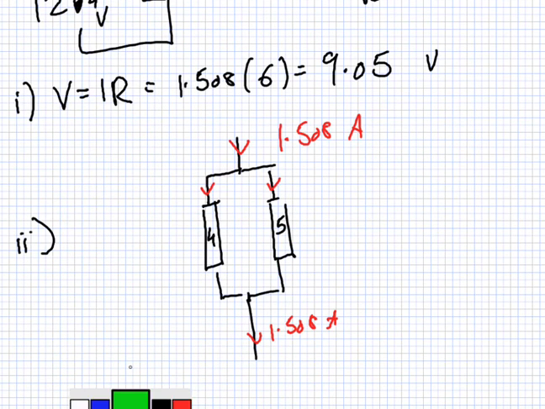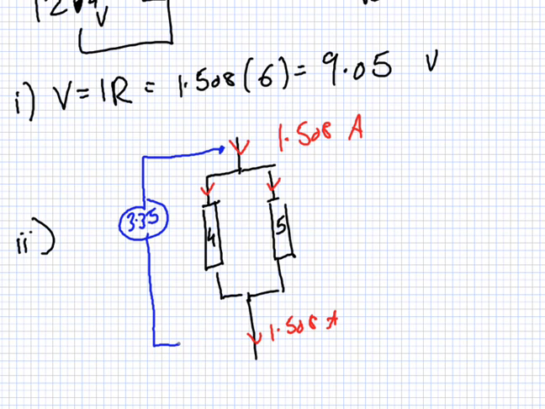So if you were to put a voltmeter around this combination, it must total 3.35 volts. Now, the great thing about voltage, unlike current, is when it splits like this, the voltage is actually the same in each path.